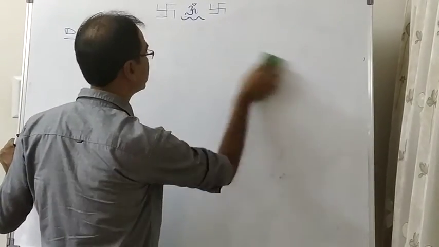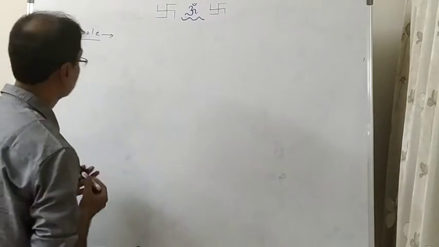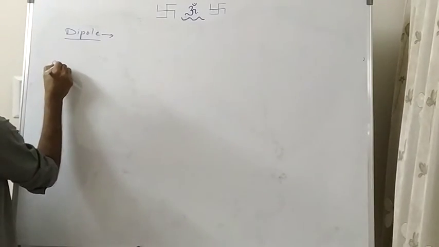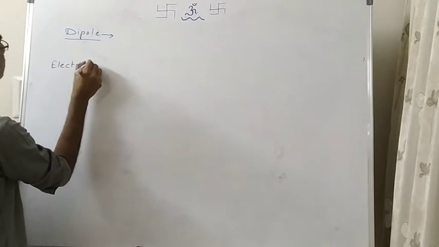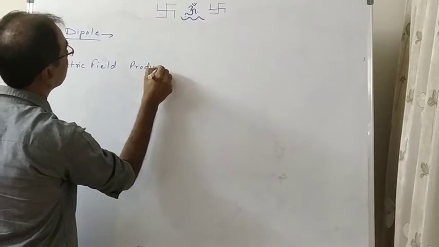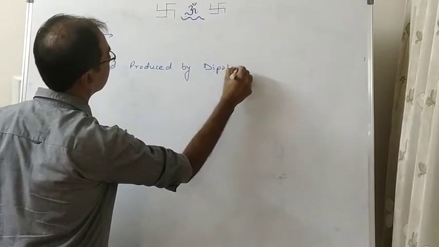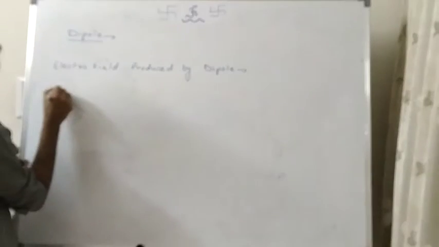So first we are going to see that. Okay, first one, what is the heading? Electric field produced by dipole. This is the heading, and the first one is along the axis.